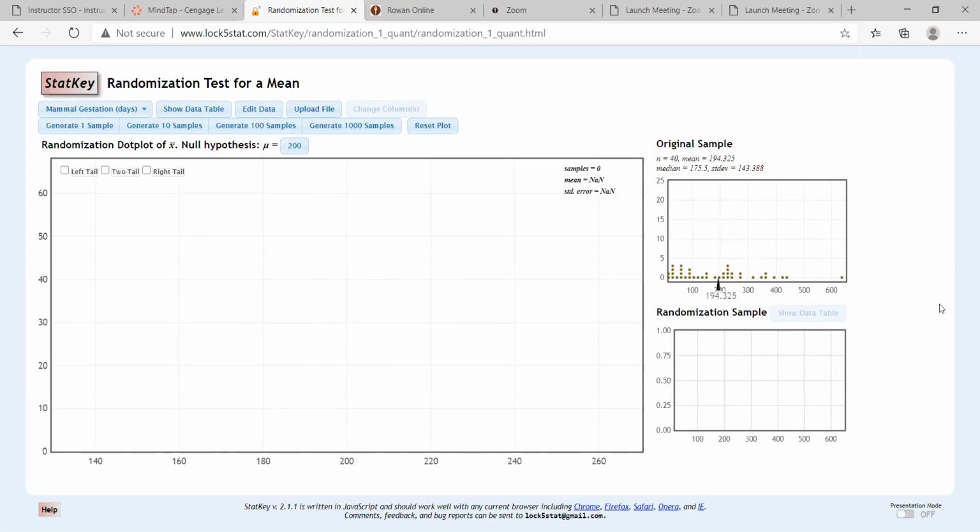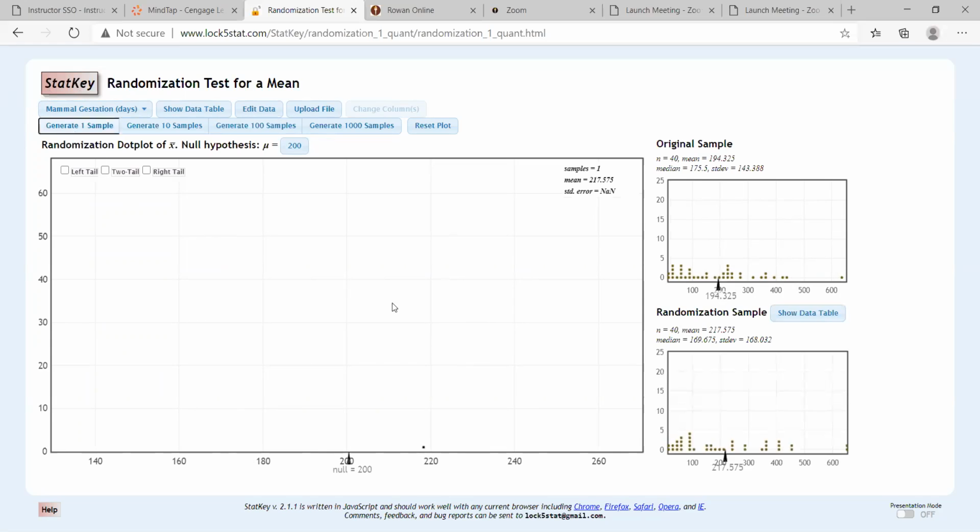That's your average. And we're going to create what are called randomization samples. That means using the null hypothesized mean, we're going to randomly create samples of size 40.